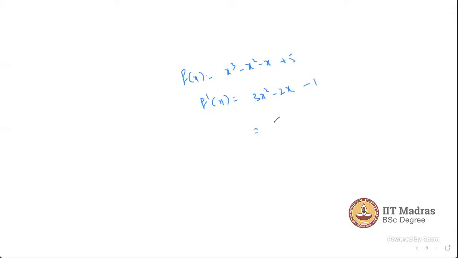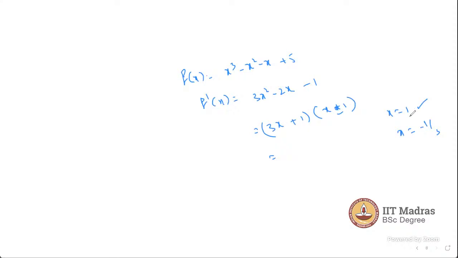This is nothing but 3x plus 1 into x minus 1. Am I correct? Yeah, right. So this will give x as 1 or x as minus 1 by 3. Since we need the positive value of x, the value of x will be 1.